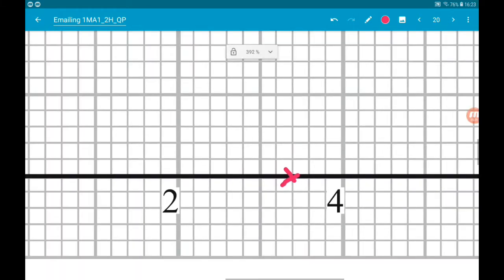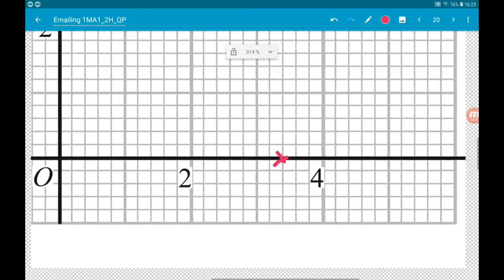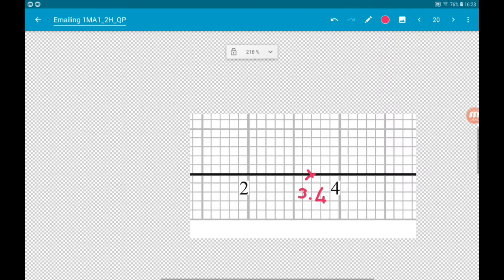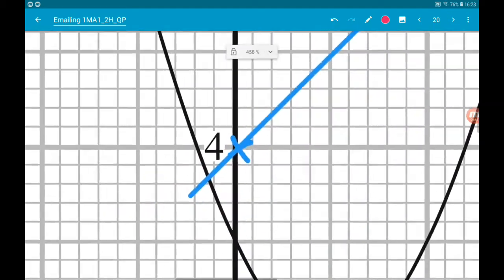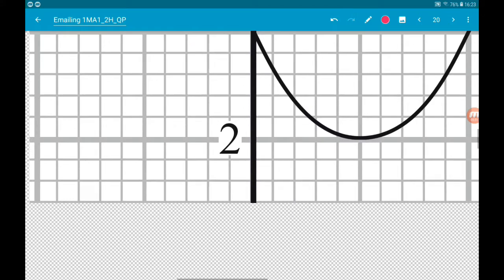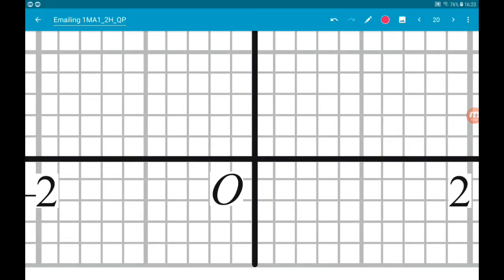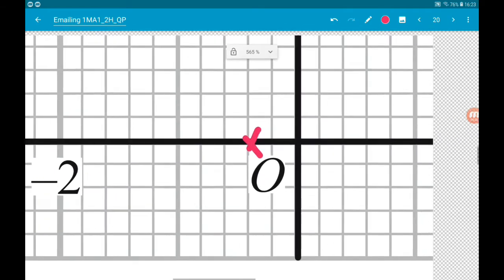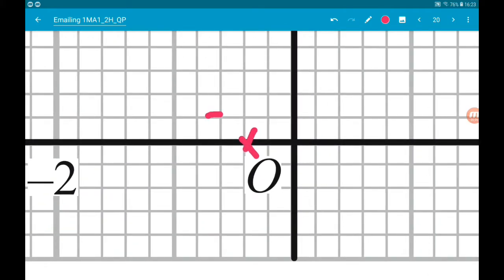So from the scale, that's going to be about 3.4. And the other one, just there, that's going to be about, there's about there, so that would be about minus 0.35. Cool.